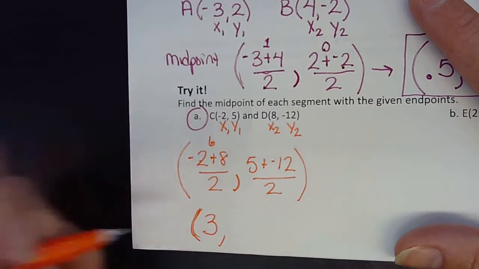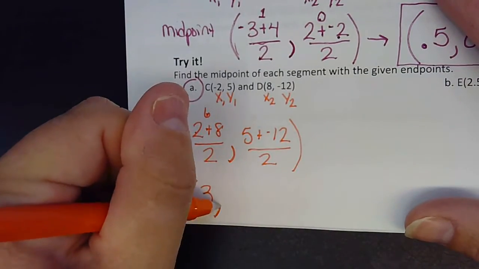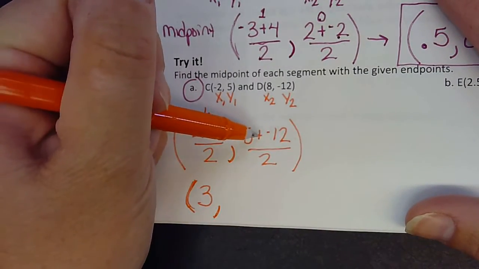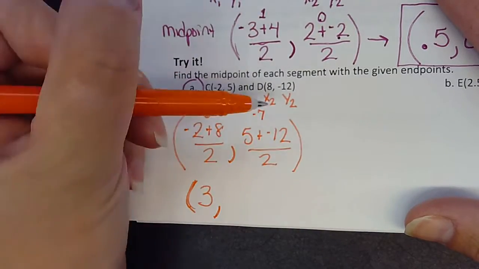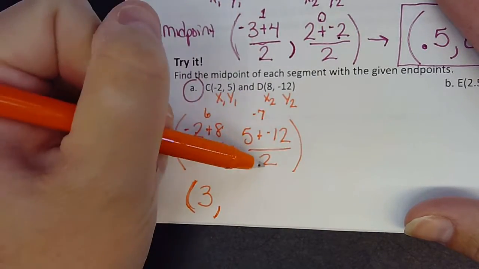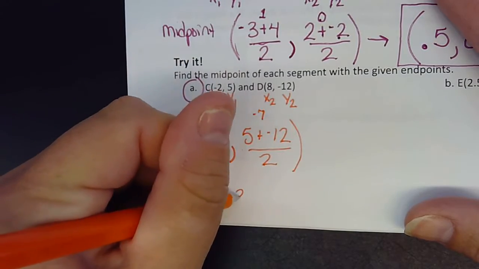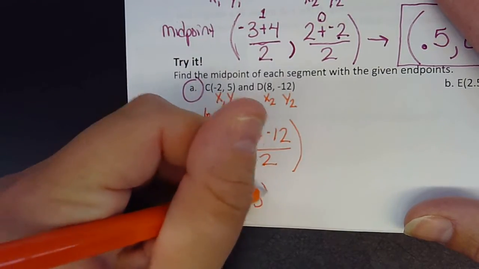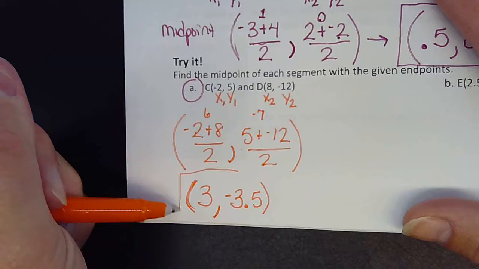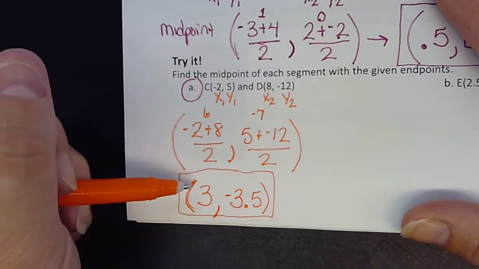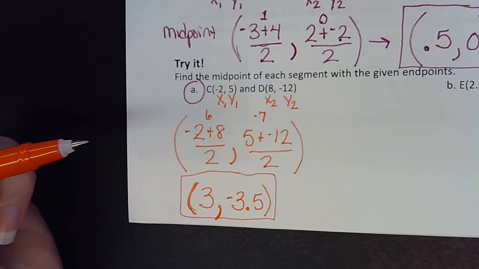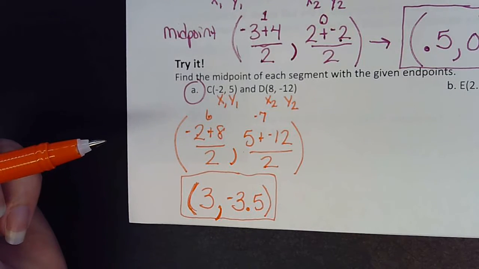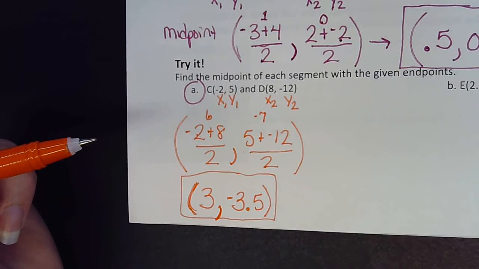Notice I kept my parentheses. Comma. 5 plus -12 is -7. -7 divided by 2 is -3.5. So in order to have these perfectly correct, you have to have the parentheses and you have to have the comma because it's a point. It's a coordinate. Any questions on that?